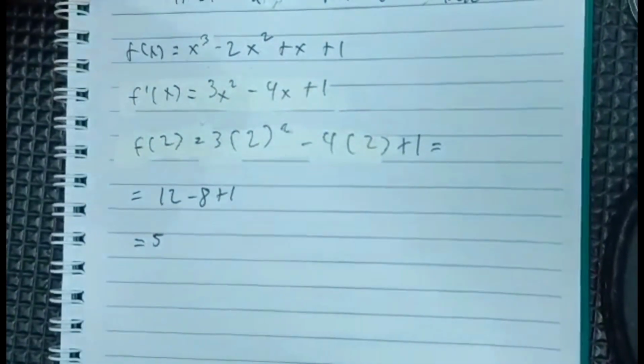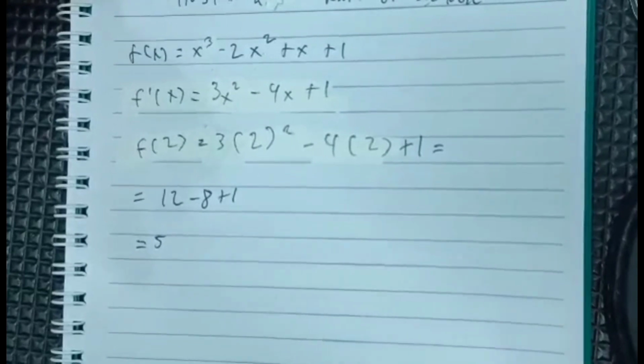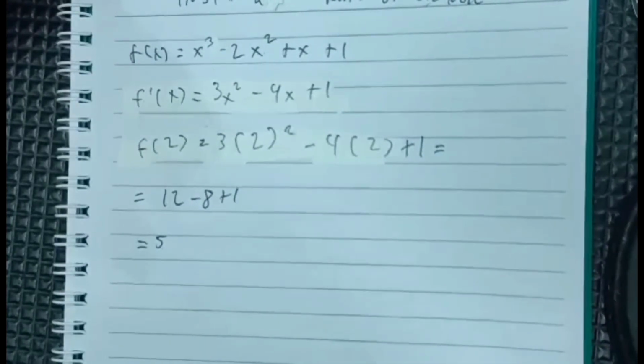So, the instantaneous rate of change of f(x) at x = 2 is 5.